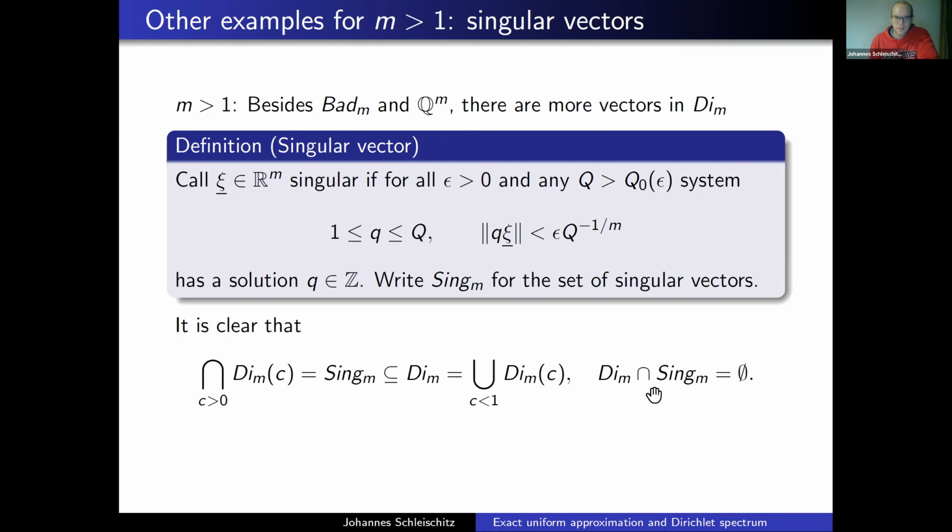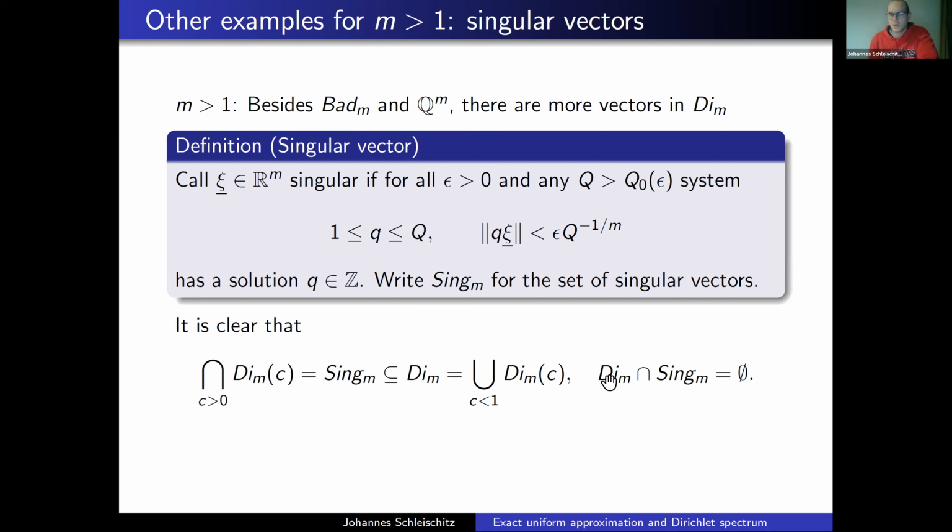And another thing that's obvious if you think of it: Bad M and Sing M have no intersection.